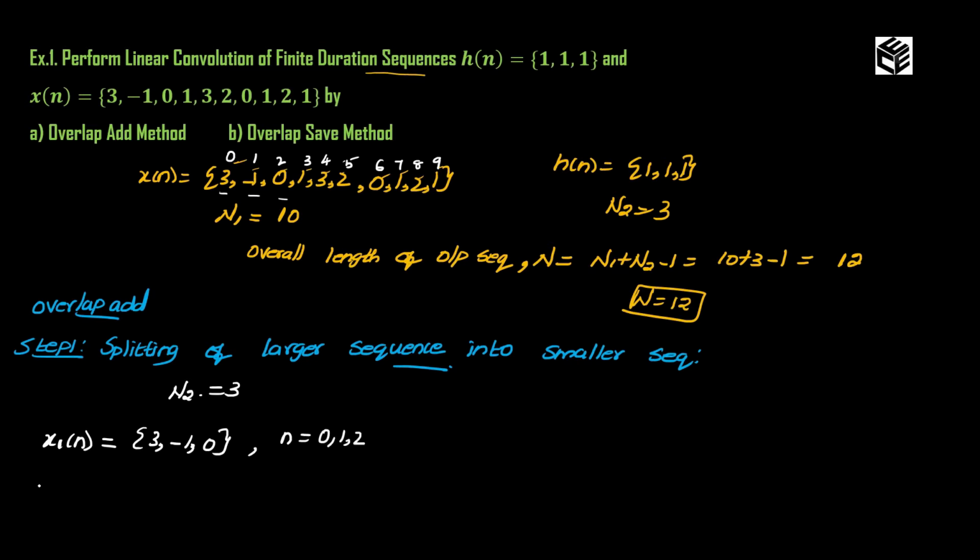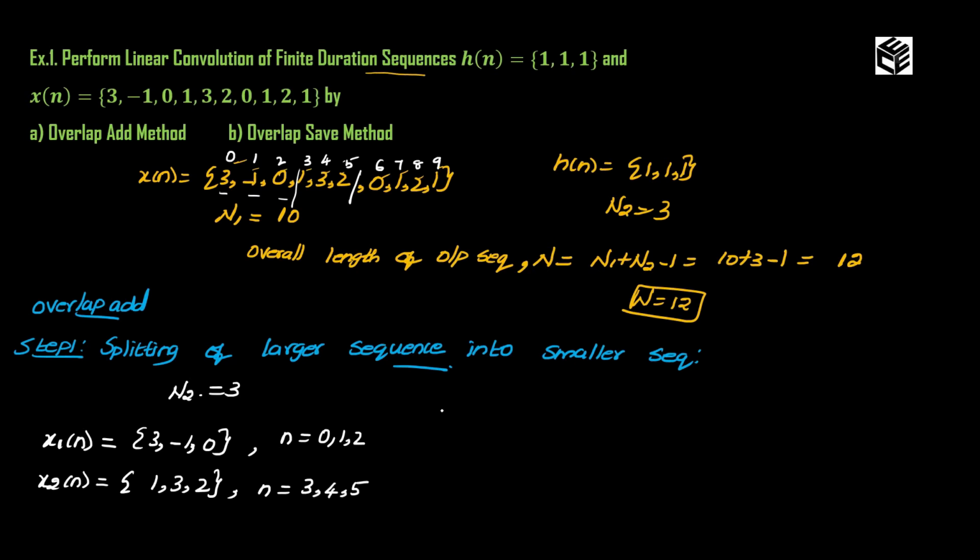Correct. Similarly, I am going to find x2 of n. x2 of n is the next 3 elements, that is 1, 3, 2, and the value of n is 3, 4, 5.